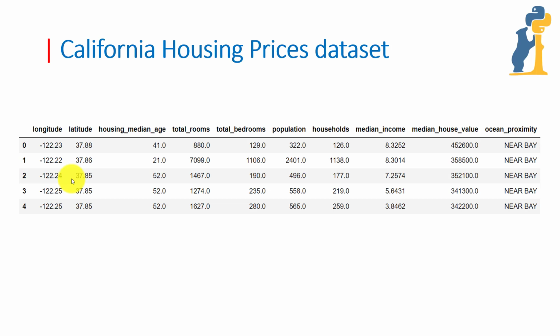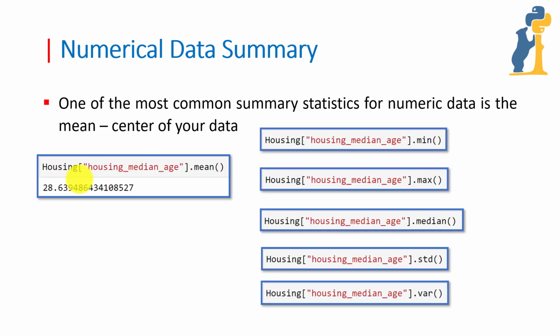If you are interested in a numerical data summary, one of the most common summary statistics for numeric data is the mean, the center of your data. To get the mean, you just type this sentence.